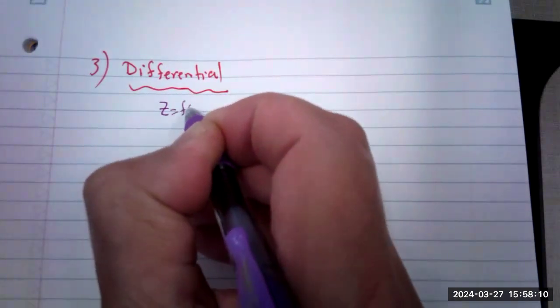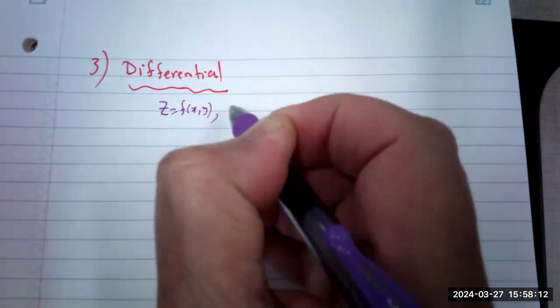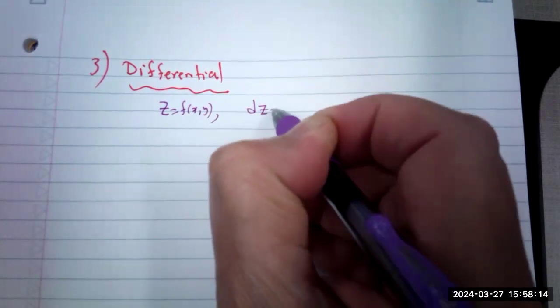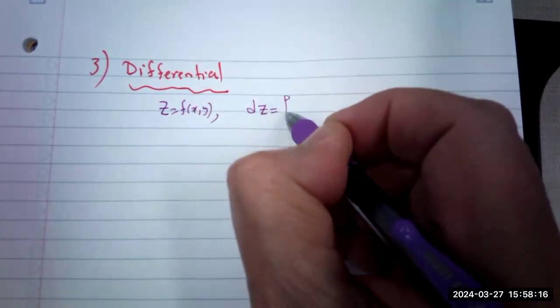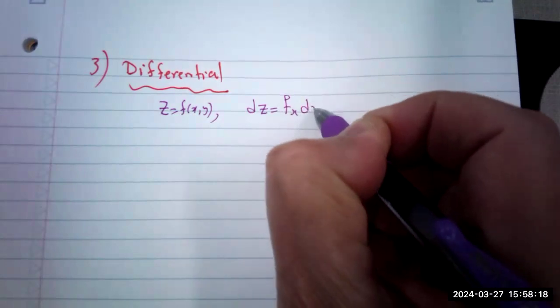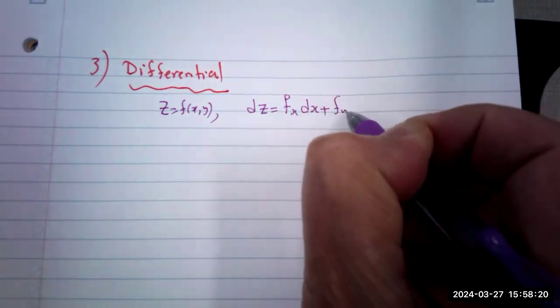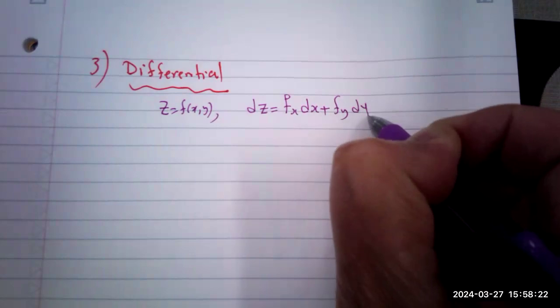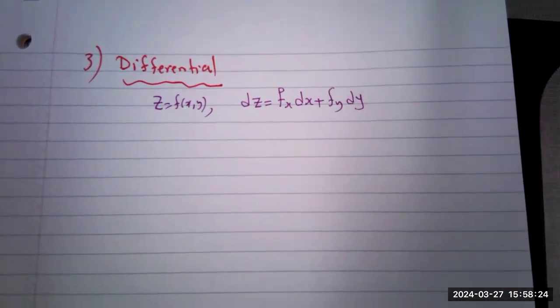And you know that the definition of the differential, for a function of two variables, differential of z is partial derivative of f with respect to x times dx, plus partial derivative with respect to y times dy. That's differential of z.